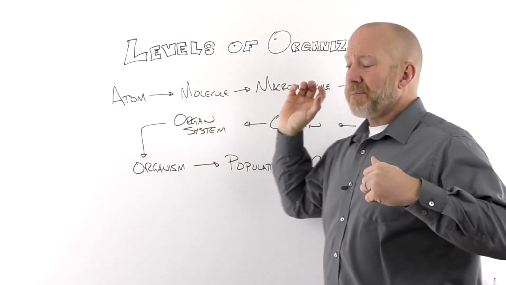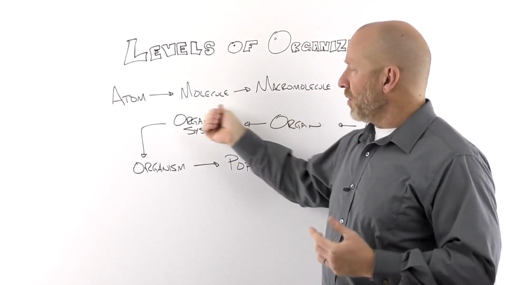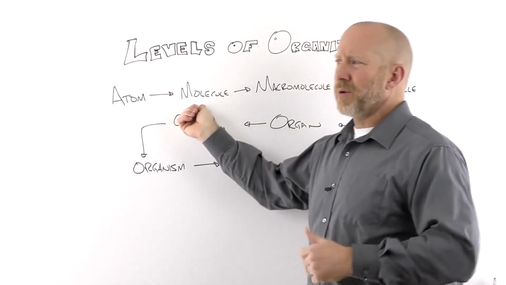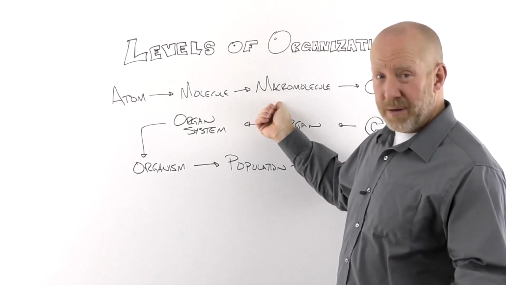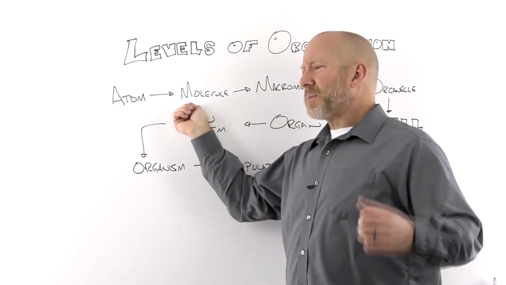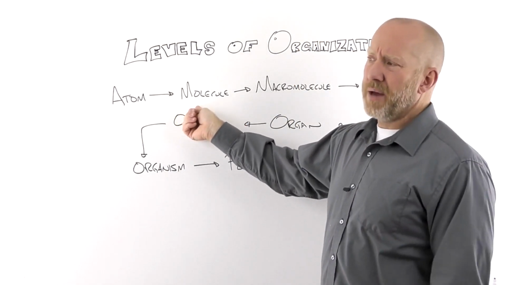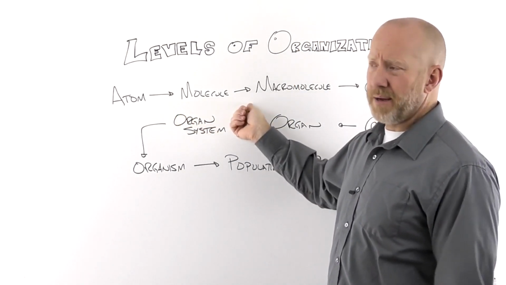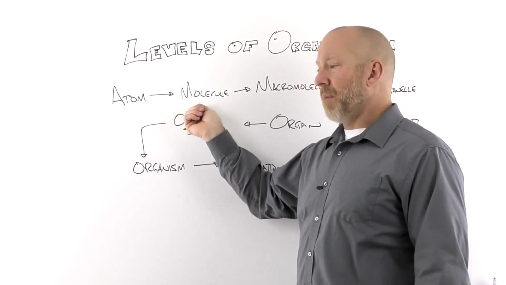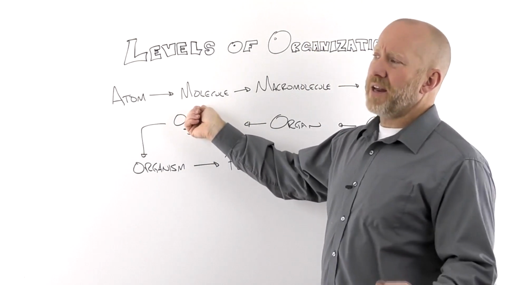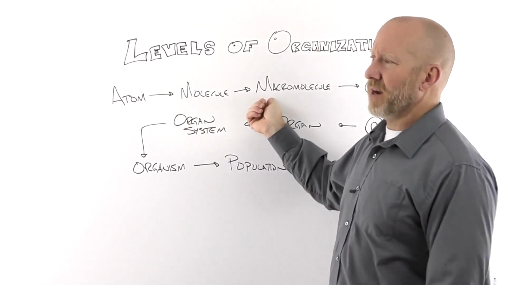Then if you take two or more molecules and bind them together, you get a macromolecule. If glucose is a molecule, two or more of those together might be glycogen or a starch. That'd be a macromolecule. If a single amino acid is a molecule, two or more amino acids bound together would be a peptide or a protein or an enzyme. That's a macromolecule. If a fatty acid is a molecule, and we put 3 fatty acids and attach them to a glycerol molecule, that'd be a macromolecule, triglyceride, triacylglycerol.